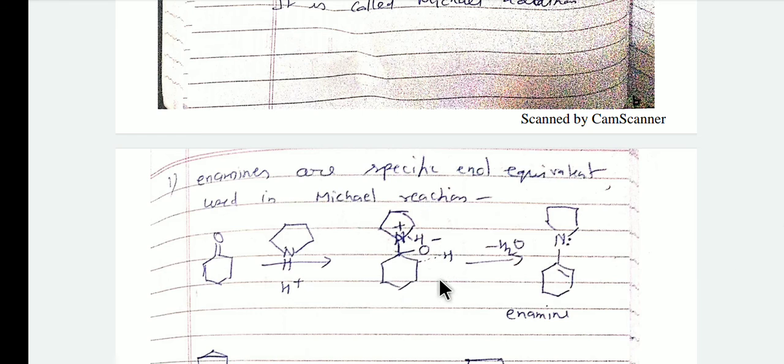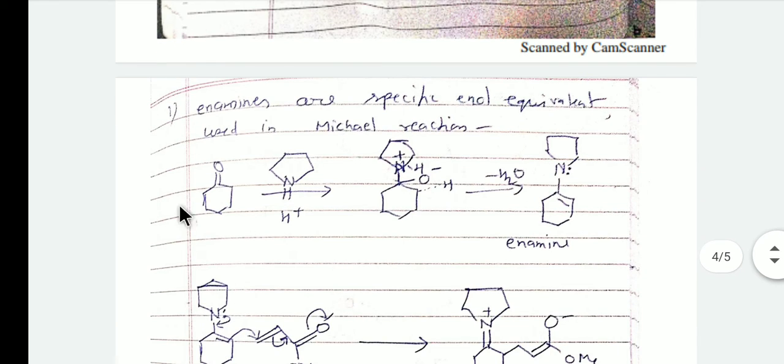Now the special feature of the reaction is that enamines are specific enol equivalents used in the Michael reaction. Here this is cyclohexanone, and on reaction with this amine, the lone pair of electrons present at this nitrogen atom attacks, and the pi electrons are displaced towards the oxygen atom. So this carbon becomes positively charged and this oxygen becomes negatively charged.